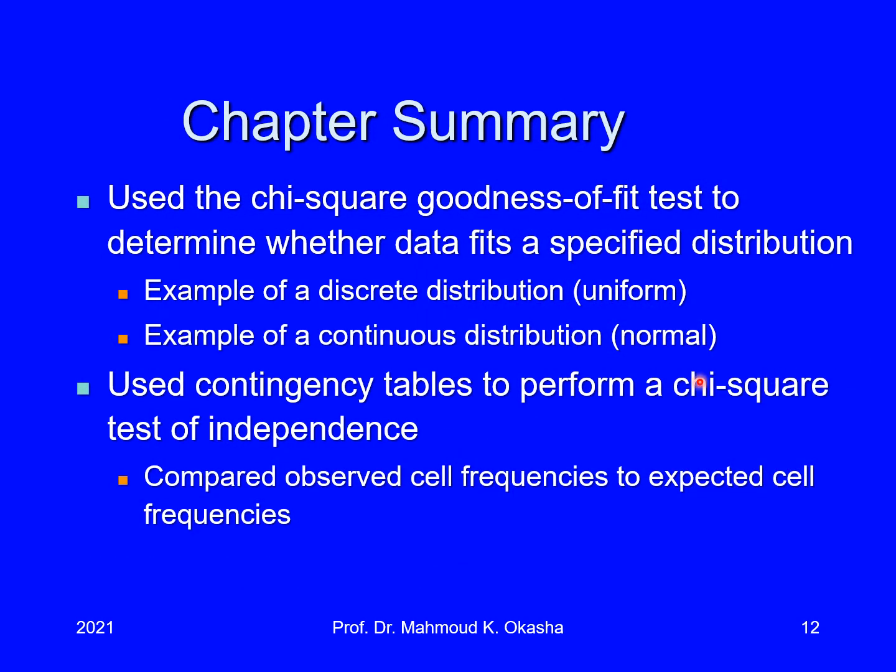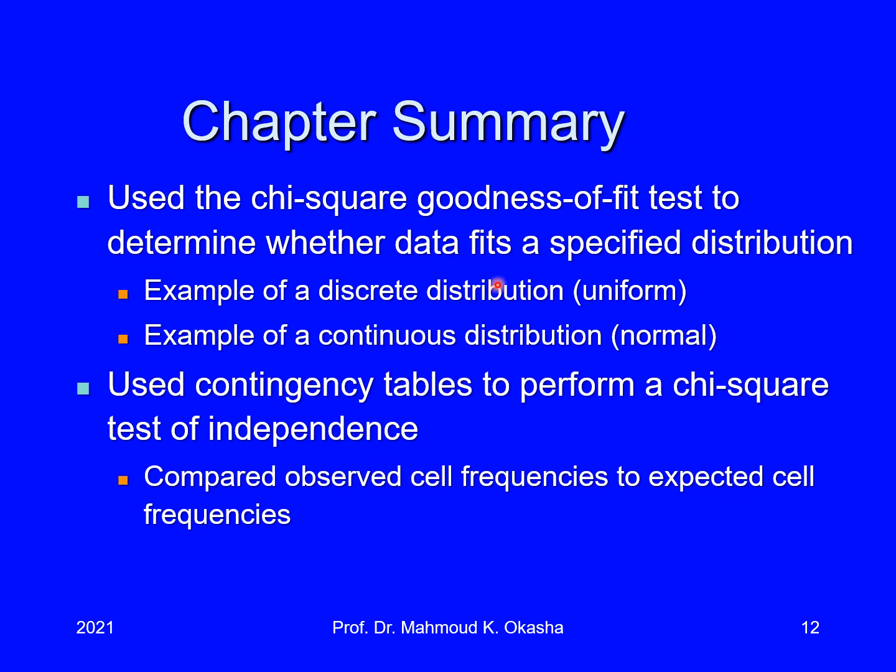Finally, the chapter summary. We use the chi-square goodness of fit test to determine whether data fits a specified distribution or not. As an example, we had a discrete uniform distribution, and we omitted an example of a continuous distribution.